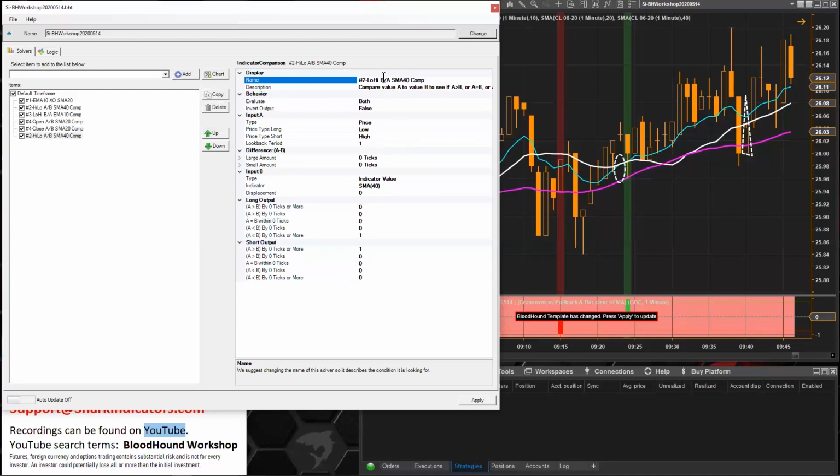This time I want the low price to be below the SMA 40, and I want the high to be above the SMA 40. There's the extra solver we needed, the number 2 solver that we need to properly define a touch.